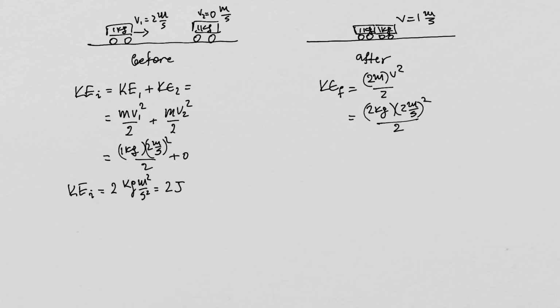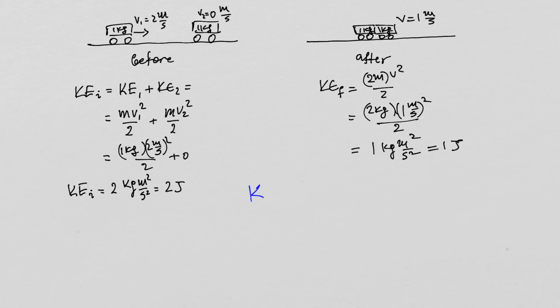Correction, the speed of the train is 1 meter per second. So the final kinetic energy will be 2 kilograms times 1 meter per second to the second power divided by 2. So this is equal to 1 kilogram meter squared per second squared, or that is equal to 1 joule.